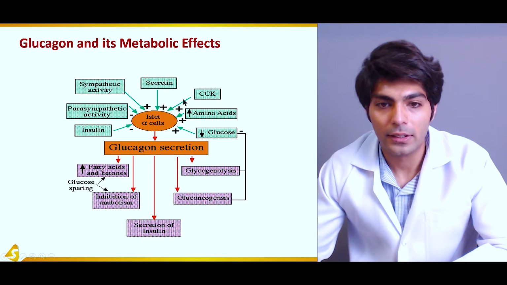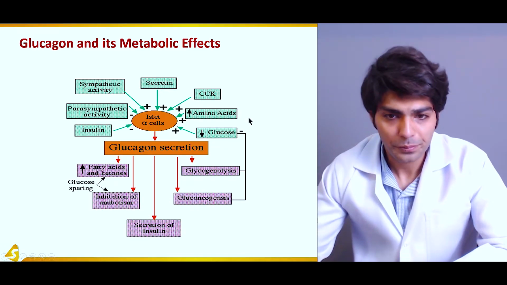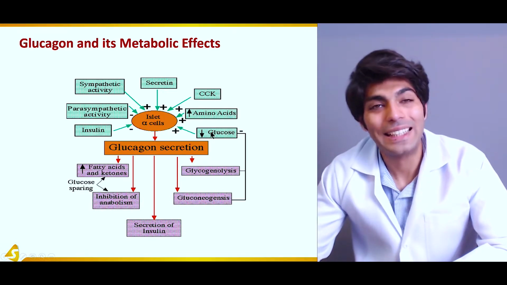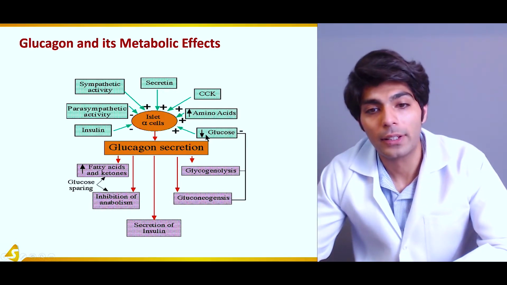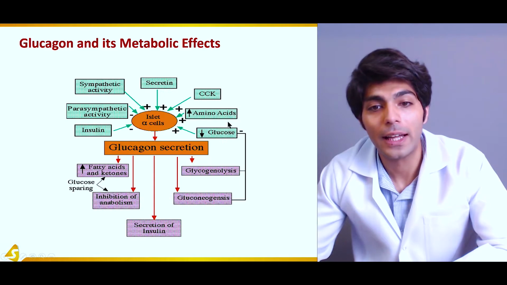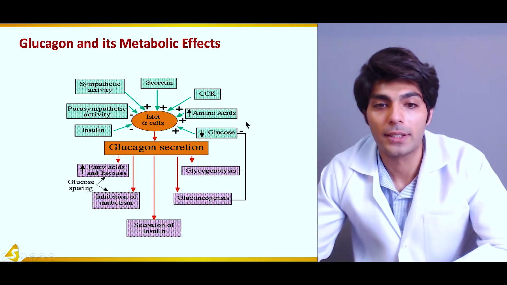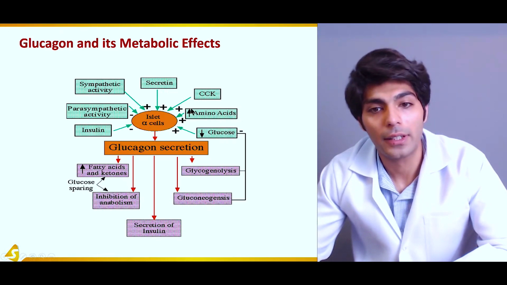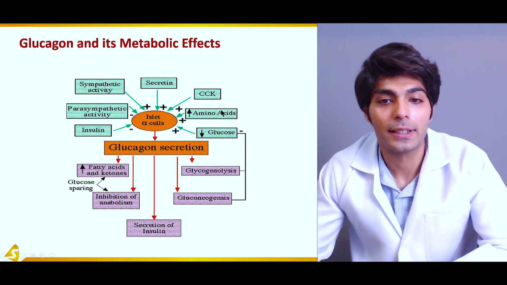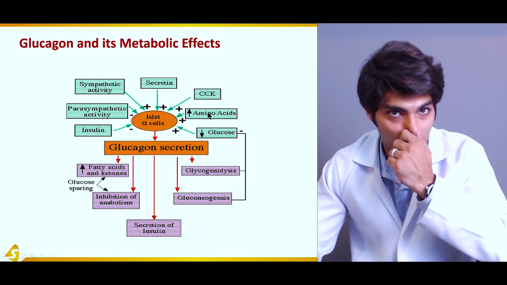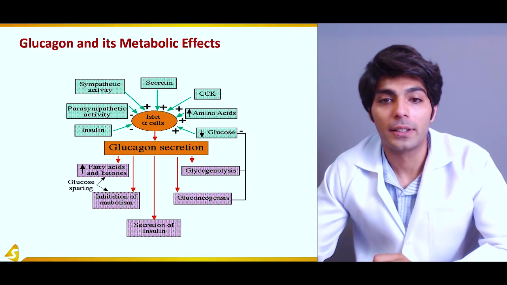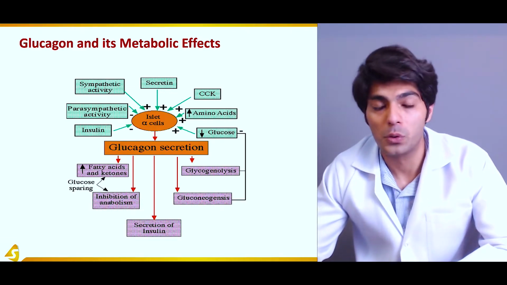There's a decrease in the glucose and increase in the amino acids. While in insulin, there was an increase in the glucose level, and there is an increase in the amino acids. While in glucagon, there is an increase in the amino acids and decrease in the glucose levels, which stimulate the release of glucagon.